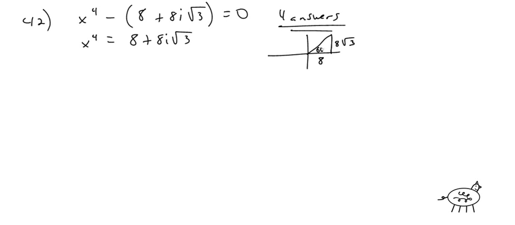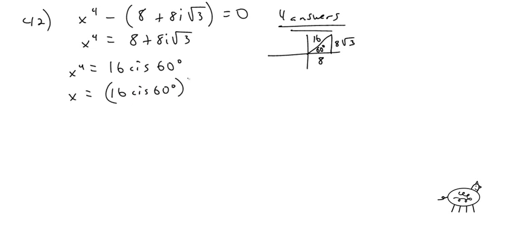This is 60 degrees here because people born in the 60s are radical. And then this is going to be 16 right here. All right. So if I write that, it's x to the 4th equals 16 cis 60 degrees. Pretty easy. And then I have x equals 16 cis 60 degrees to the 1/4 power.